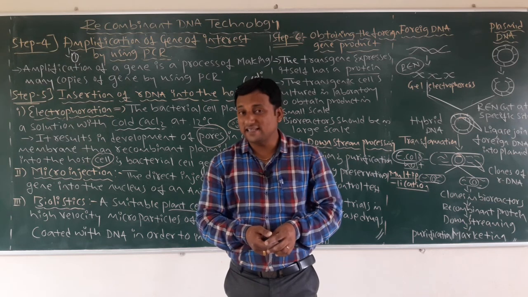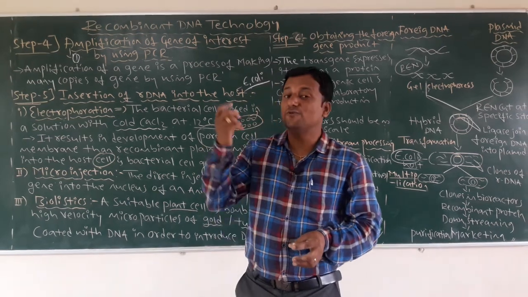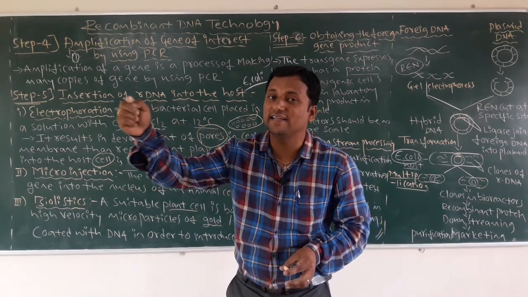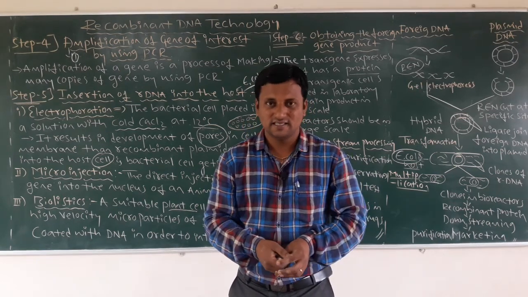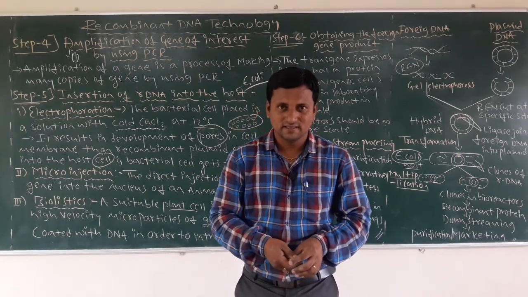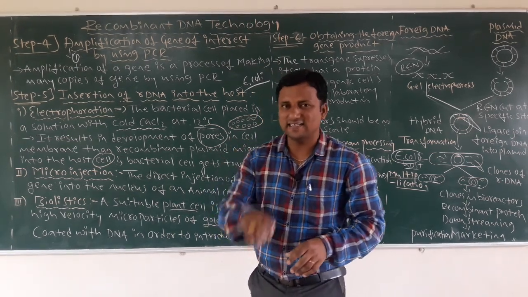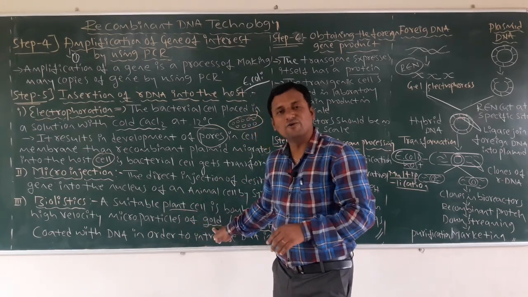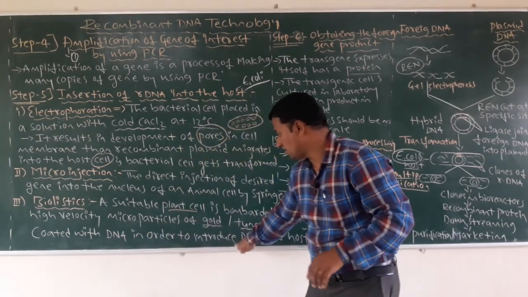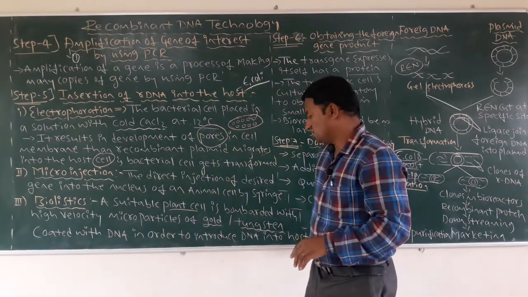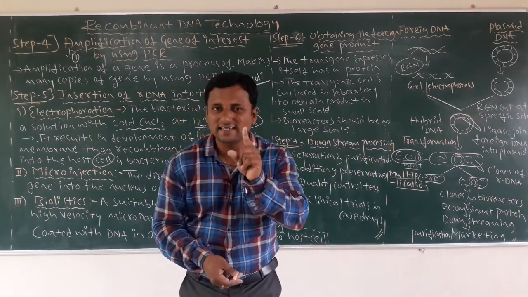These radioactive isotopes will help identify where the DNA molecules have migrated in the cells, because these have a shining property, like radium. Like those isotopes, here also gold or tungsten are coated with DNA molecules in order to introduce DNA into the host cell, that is the plant cell.